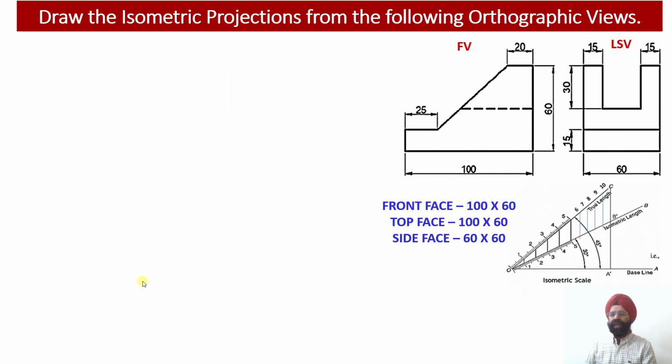And as usual, we are going to start by dividing this complete solid into multiple small elements, so that the construction of the isometric projections can be simplified. So please check, here we have the bottommost portion of this particular solid. We can check, this is a solid line.